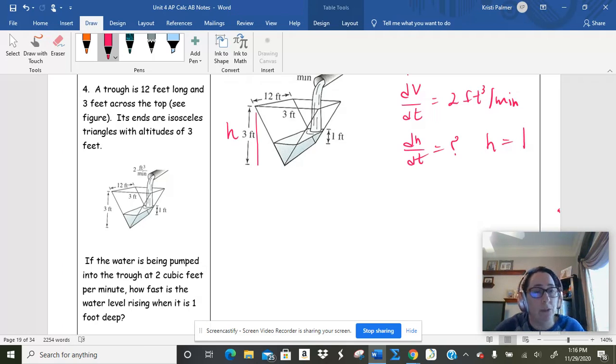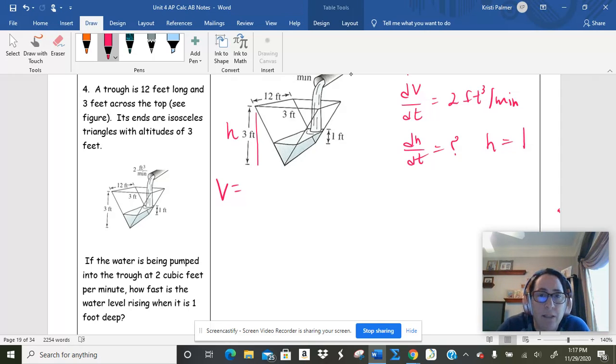Well, let's go write our volume formula. So volume is going to be, we need to get this triangle times the length, okay?